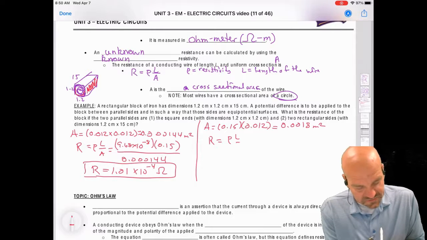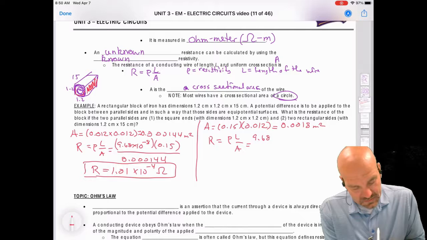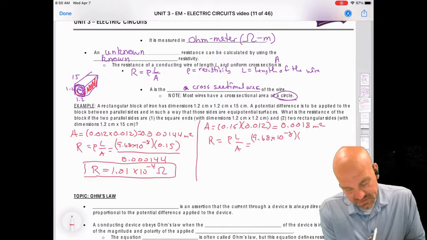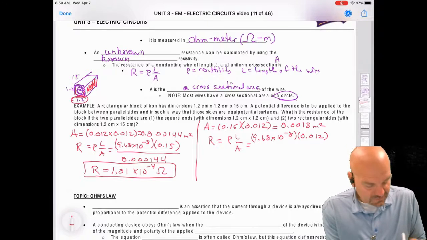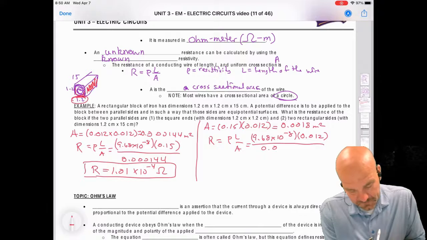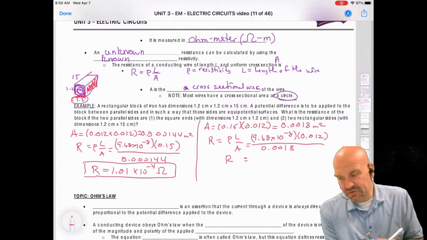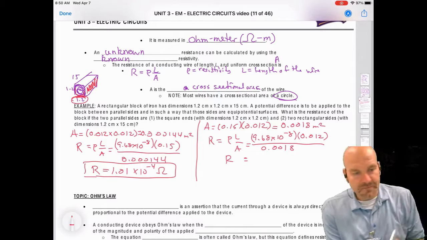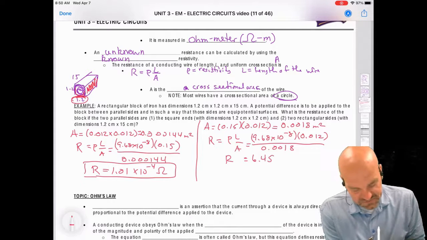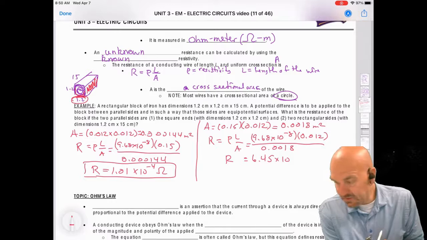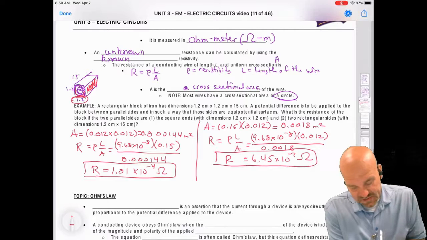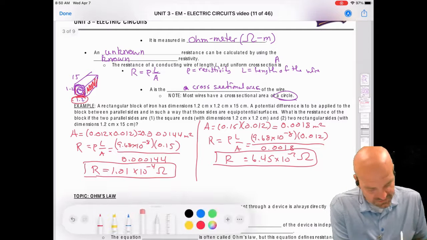So I use my resistance equals rho L over A. The resistivity doesn't change, so it's 9.68 times 10 to the negative 8. Now my length changes, because the length that we're passing through is one of the sides of the square, and the area is 0.0018. When you pass through the rectangular side, note that the resistance does change, and changes considerably. So 6.45 times 10 to the negative 7 ohms. That looks like a 2, but it's actually a 7.